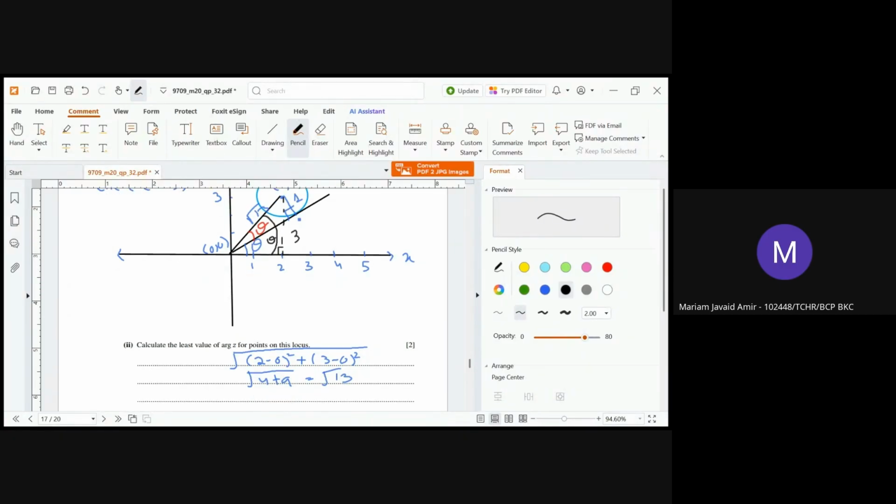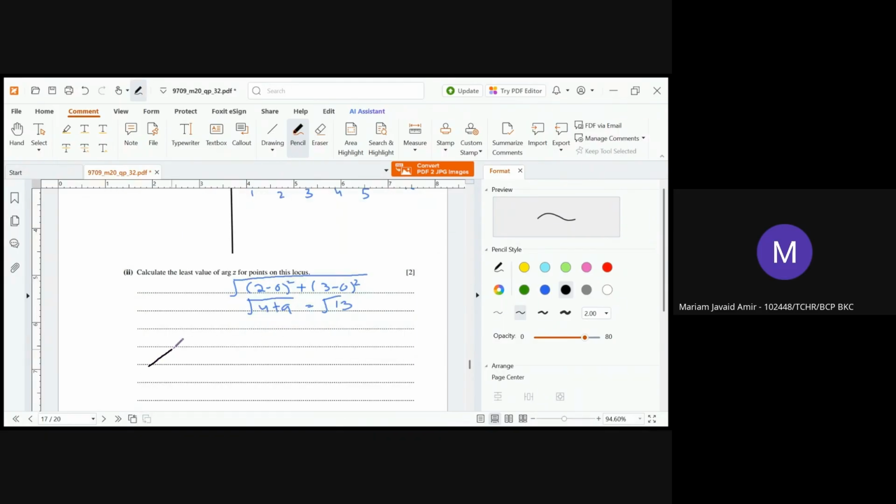Let me draw the triangle separately. So we have root 13 here, 3 here, and this angle would be, sine theta, which equals opposite over hypotenuse. So theta is sine inverse of 3 over root 13.